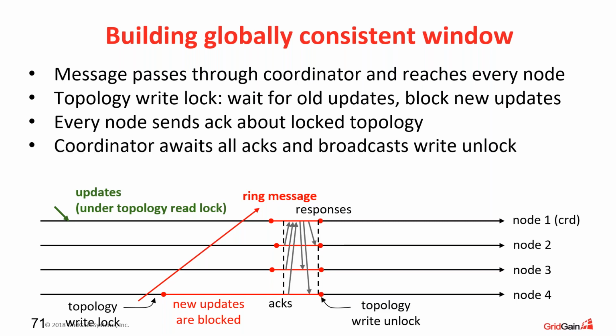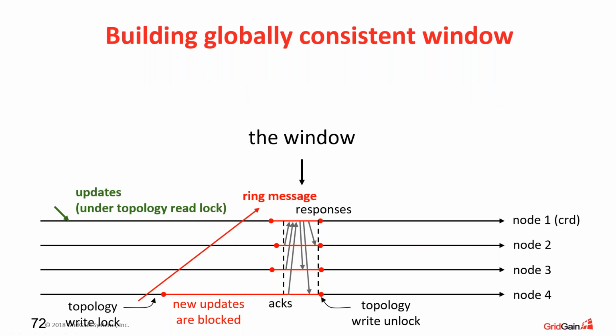The coordinator will await all ACKs and will broadcast a message saying, okay, job is done, you may now release the write lock and continue accepting user transactions. It's easy to perform because there is a consensus on who the coordinator is. And with such an approach, we have a window in which the cluster is globally consistent.